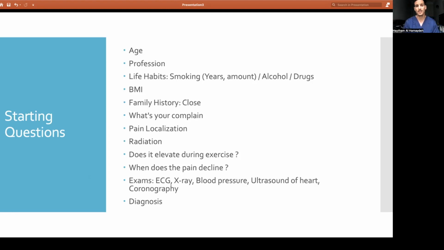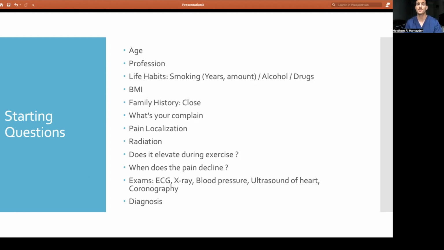Here, as a doctor, you go ahead and say, okay, where is the pain located? And if there is any radiation of the pain, if it goes from the place that they point to, to another place in the body, and if the pain increases when the patient performs exercise, and whether the pain declines in case the patient takes rest.